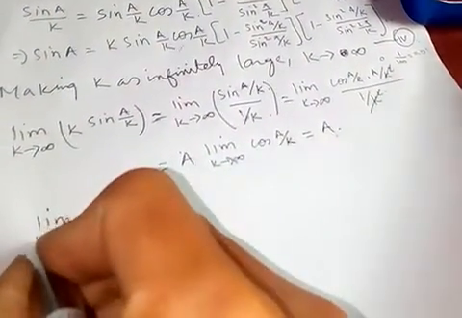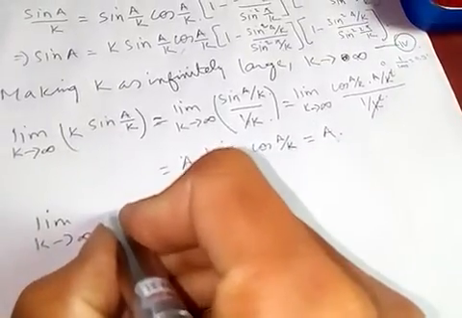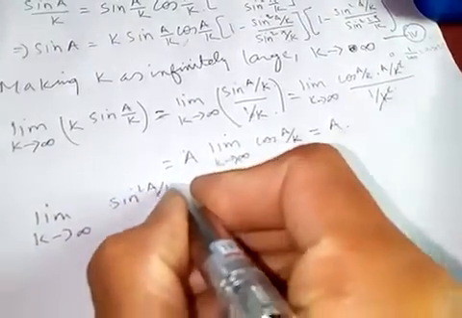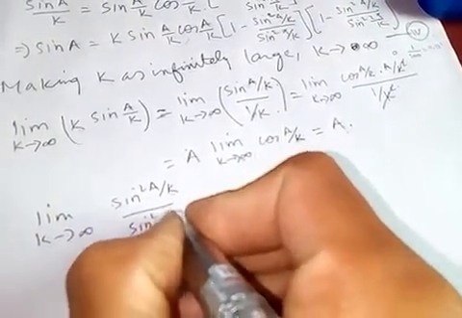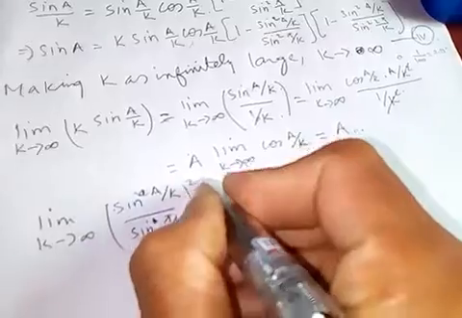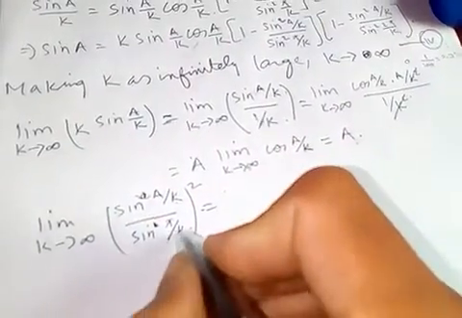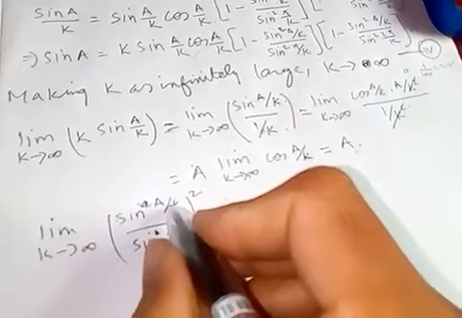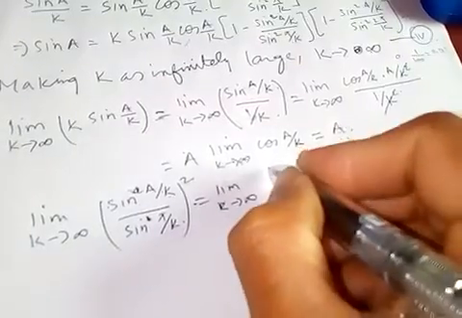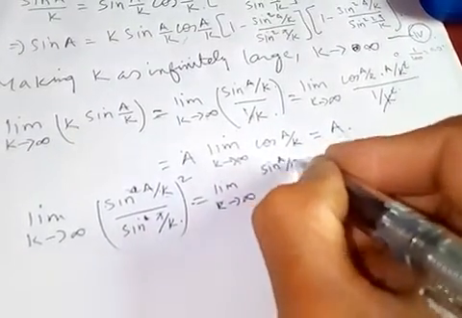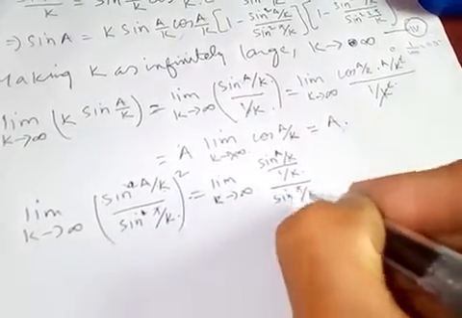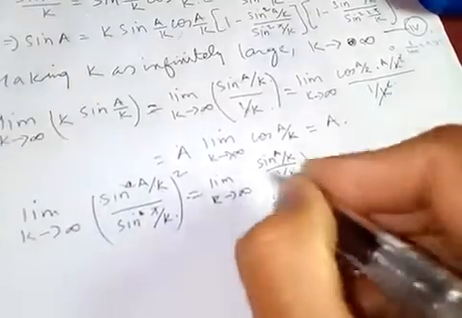Now here also the same thing. If I take limit k tends to infinity of sine square a over k divided by sine square pi over k, the square can be written like this. Since here k inverse and here also k inverse, I can write this as limit k tends to infinity of sine of a over k divided by 1 over k, divided by sine pi over k divided by 1 over k, whole square.